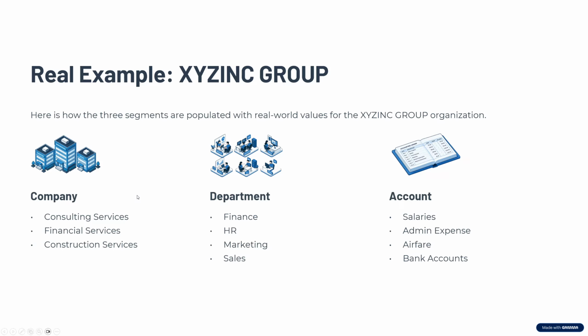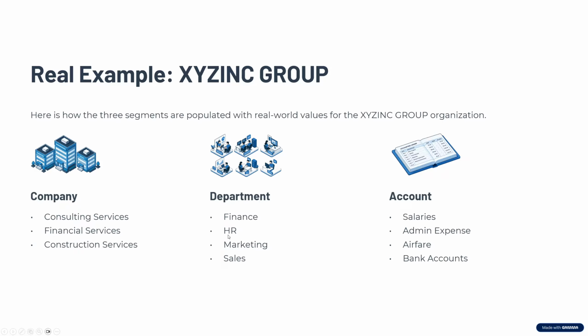Previously we discussed what value sets we have in company. Assume the company is doing multiple business activities: consulting services, financial services, and construction services. If you join any company, in the departments you see the finance department, HR department, marketing department, and sales department. The finance department mainly focuses on finance related transactions.